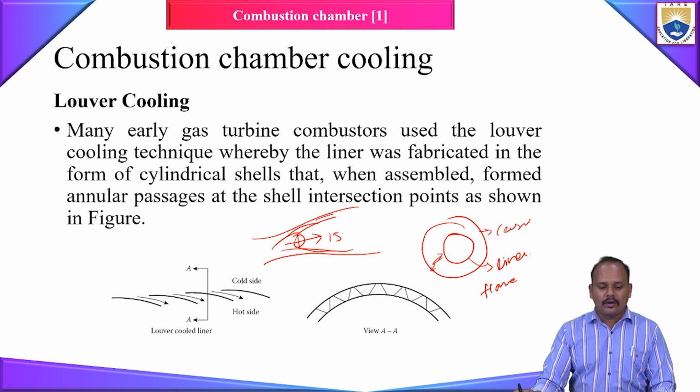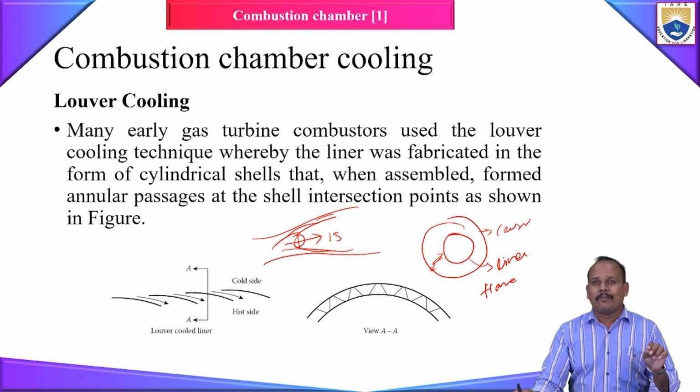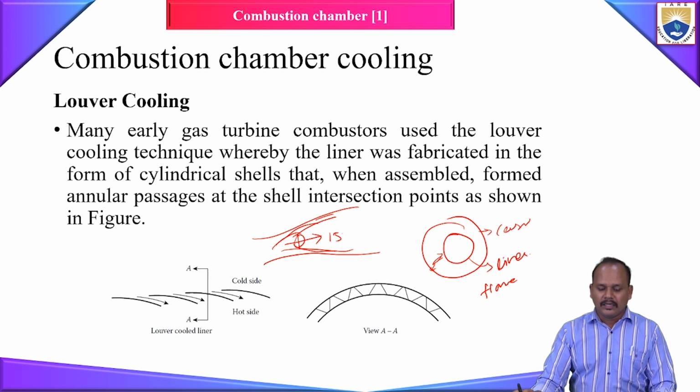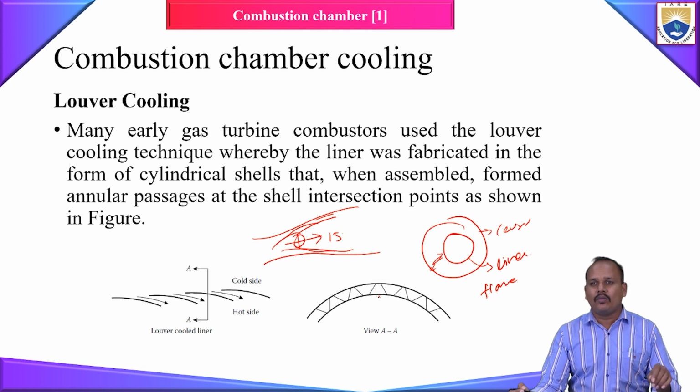Louver cooling works like this: your liner will be fabricated in the form of cylindrical shells, and through these shells you will send the cold air. From the hot gas to your flame tube you have the convection problem, and when the cooling air passes through inside, it takes away the heat of your liner.